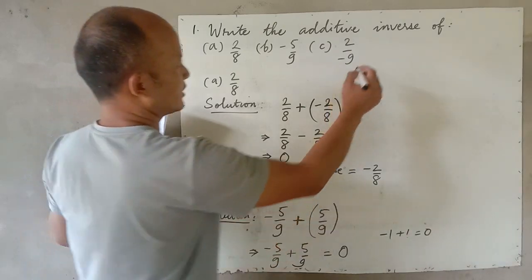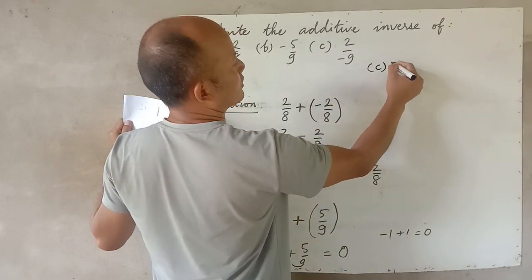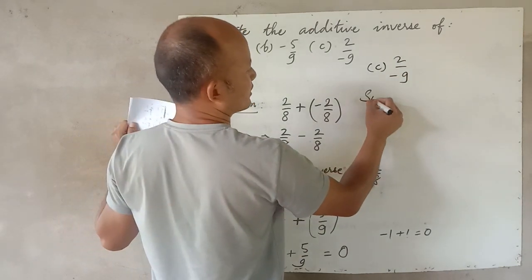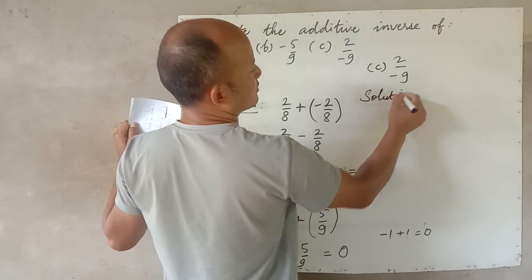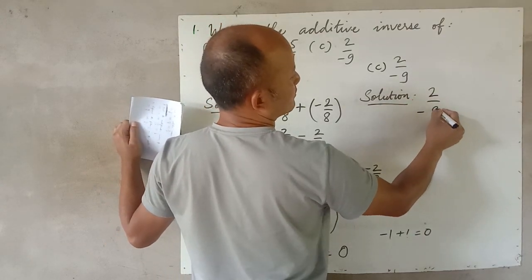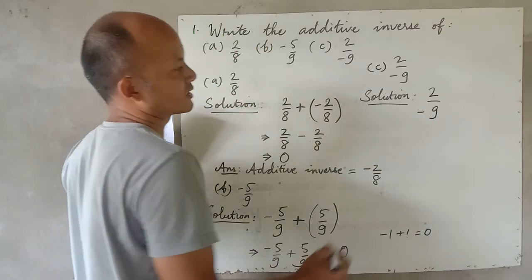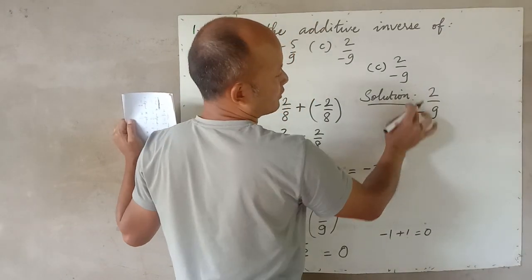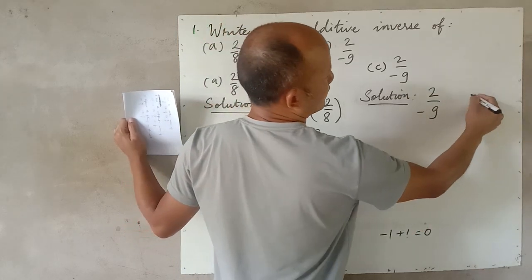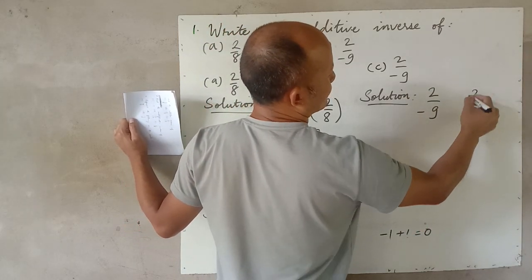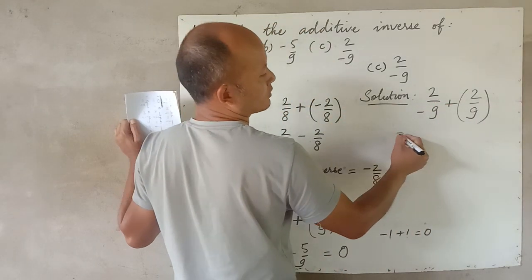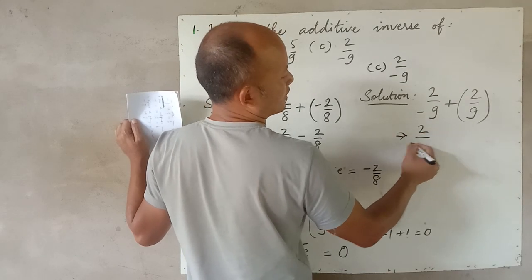Now, the third one, 2 by minus 9. Let's solve again. This one is easy. Let's write the question first, 2 by minus 9. The opposite of this number will be 2 by 9, plus 2 by 9. So when we add up, the result will come like this.